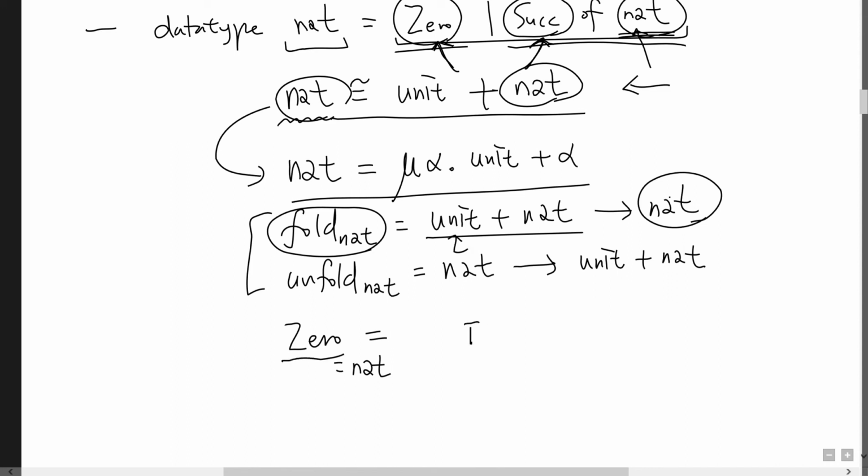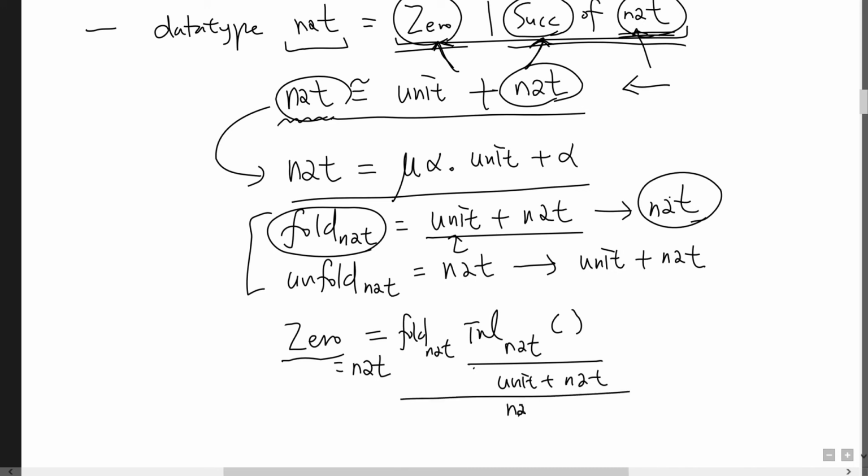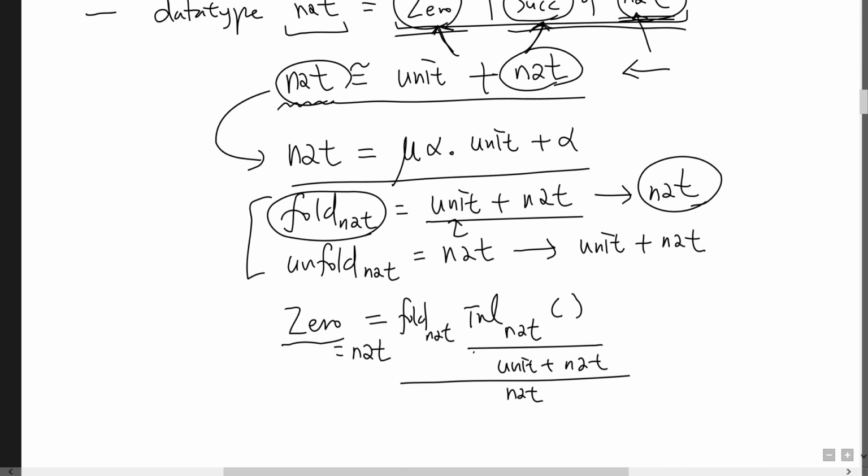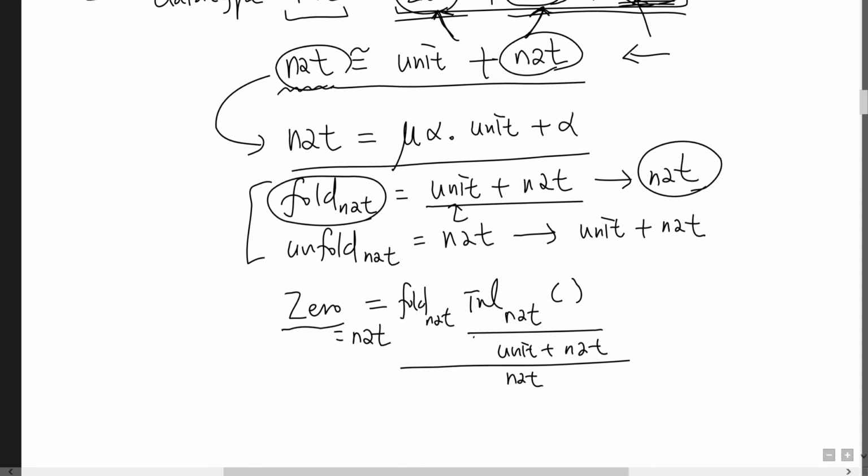So you have injection left of NAT, and there's no interesting argument, so it's unit. So this one has a type unit plus NAT, and now it's a matter of applying the function fold NAT. Then the whole expression is going to have type NAT. That's how we encode 0.